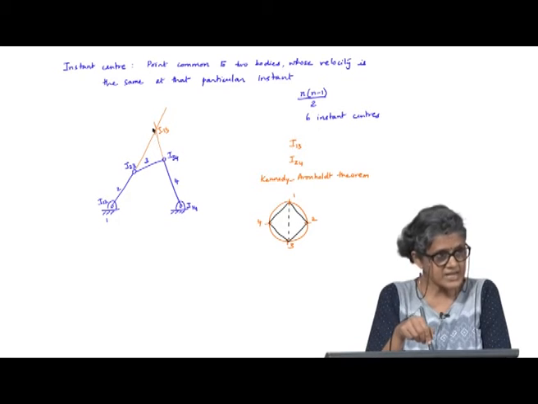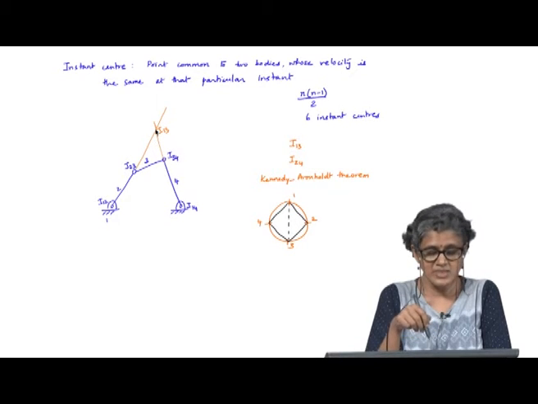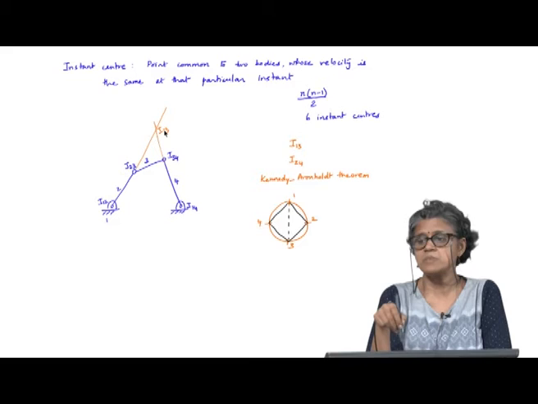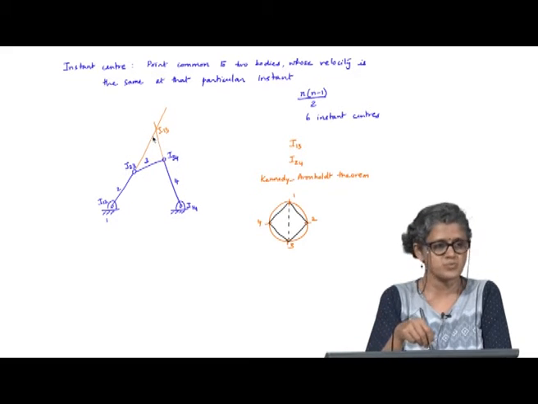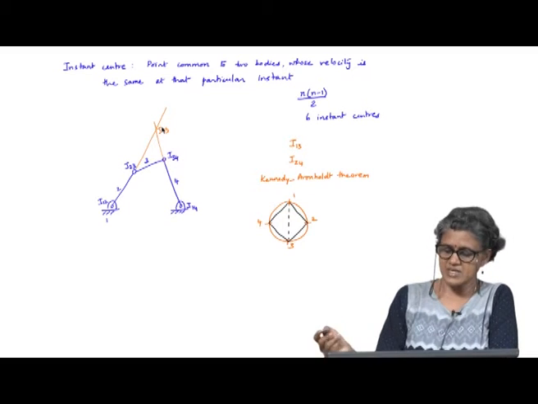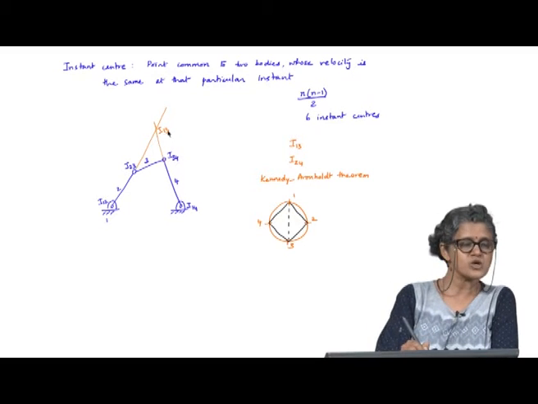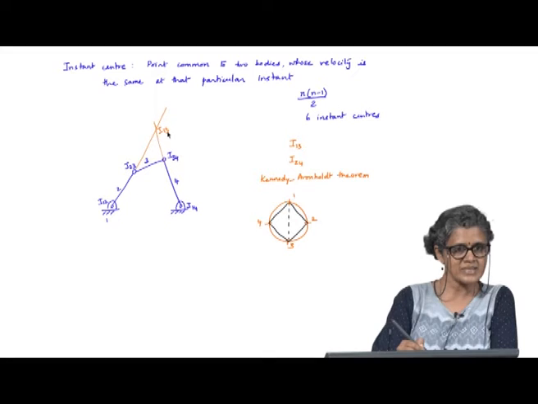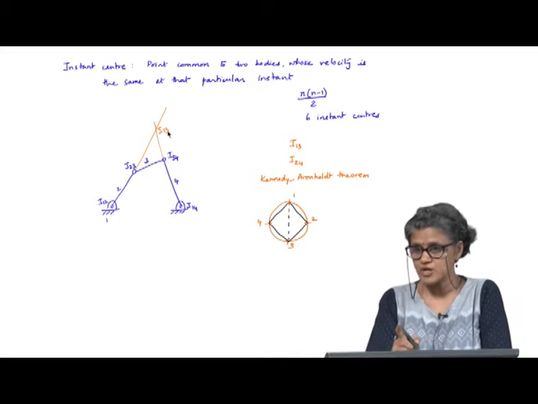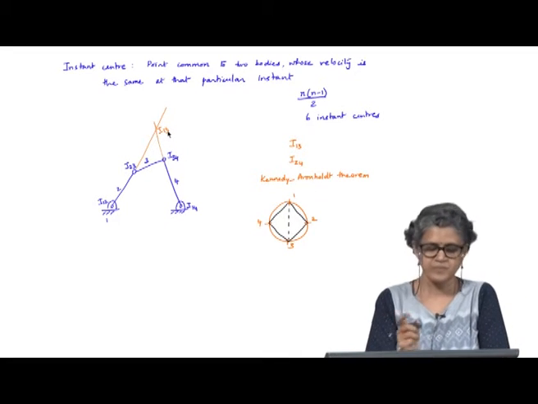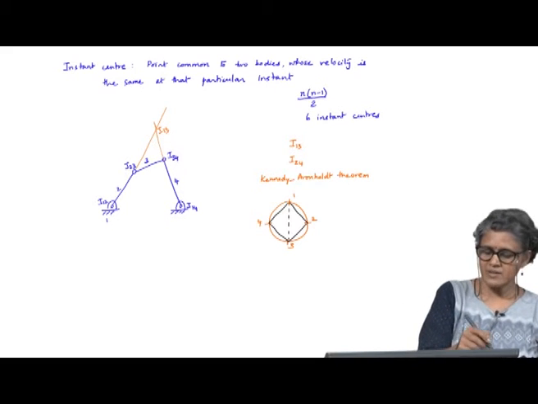So, in certain cases the velocity of the instant center will be 0. The velocity of this point I13 is 0 because it is common to both link 1 and link 3 and it has the same velocity in both the links.